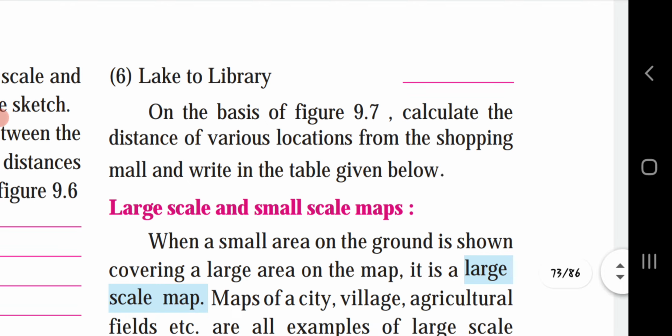On the basis of the figure 9.7, calculate the distance of various locations from the shopping mall and write in the table given below.